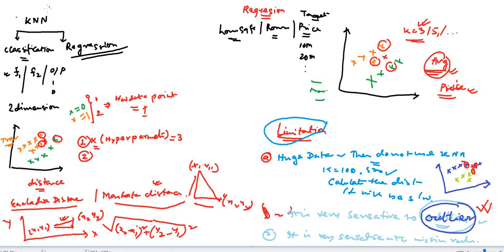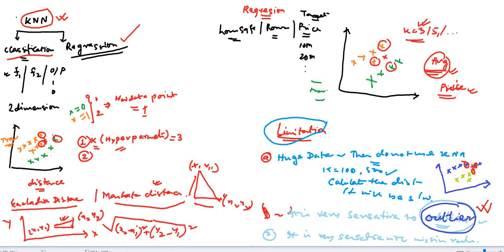Hope you understand the complete KNN, which is the K nearest neighbors algorithm. Remember, it can be used for classification problems and for regression problems. Whenever we are doing a classification problem, it's just selecting based on the K value, which is my hyperparameter.